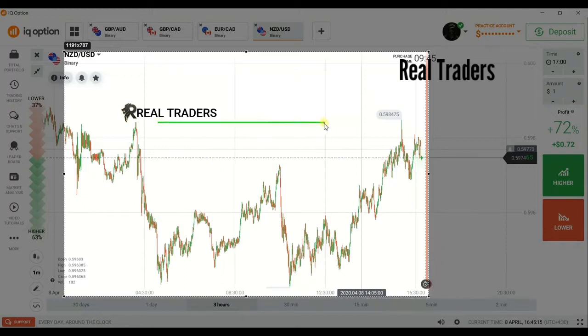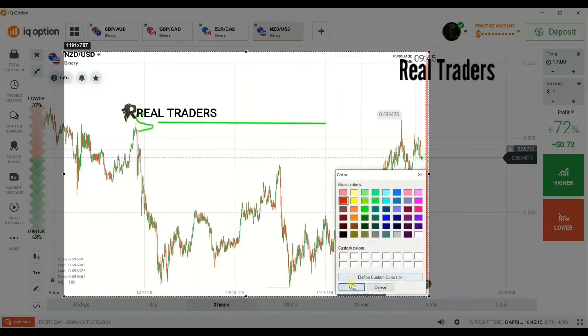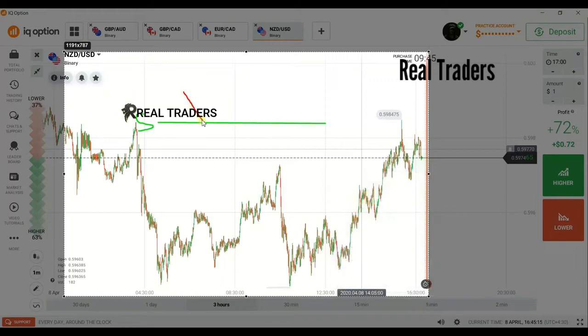The first one we want to talk about, supposing it is a support level, is the double bottom pattern.